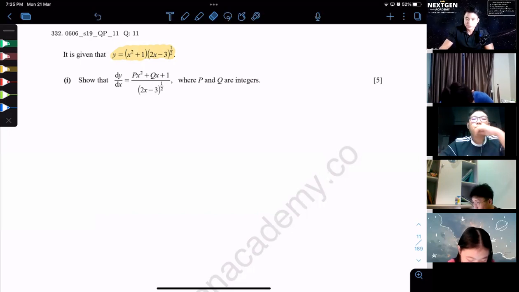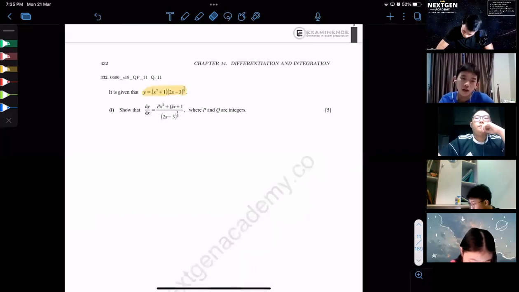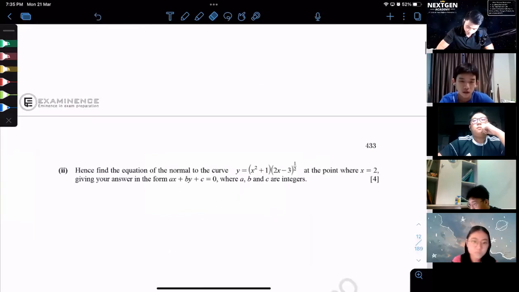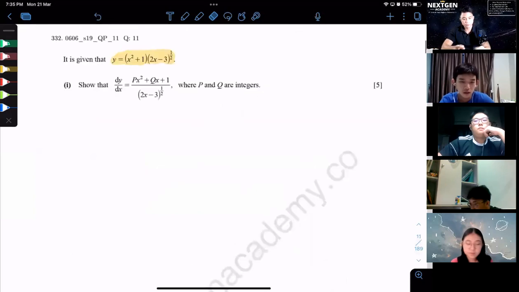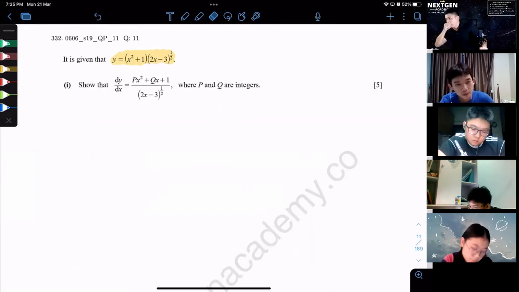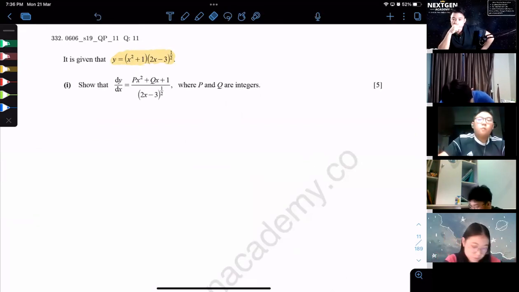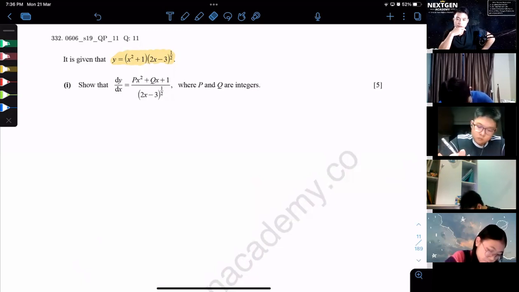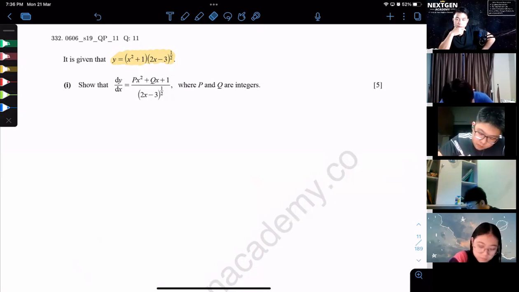I want you all to try first. The first part is easy, a 5 marks question. I'll give you 2 minutes. If anything is unclear, you can type in the chat or unmute yourself, then I will help you. For now, number 1 is determine what rule you need to use, then just differentiate it.